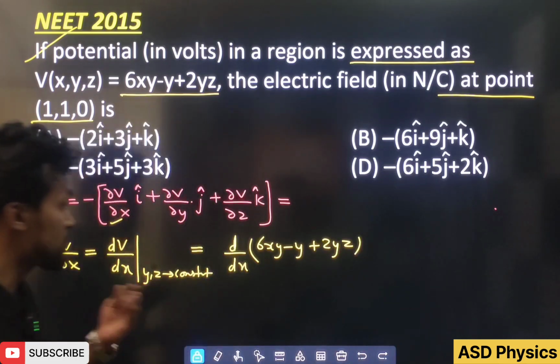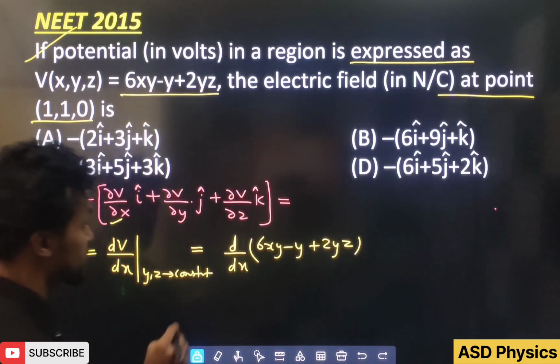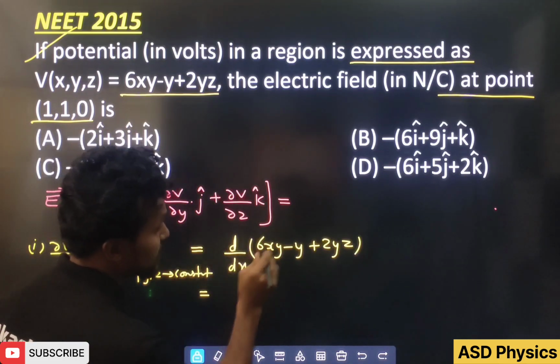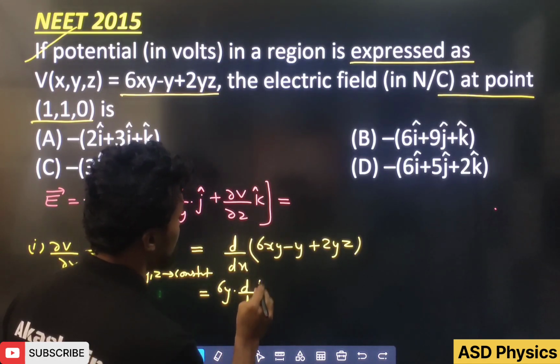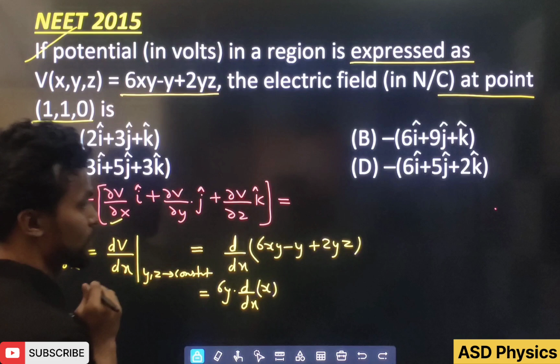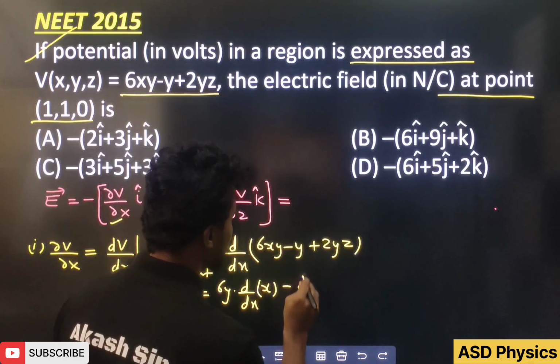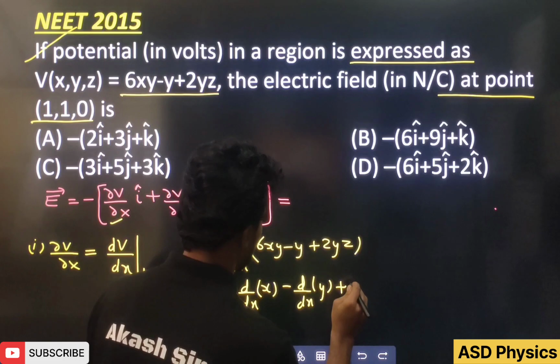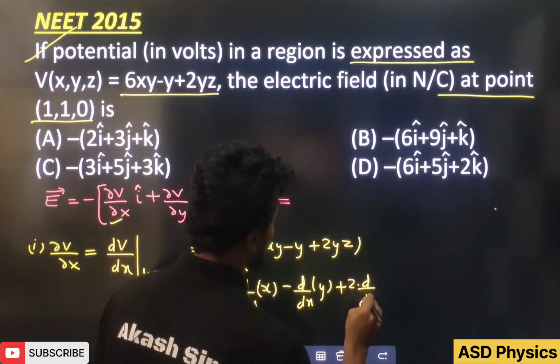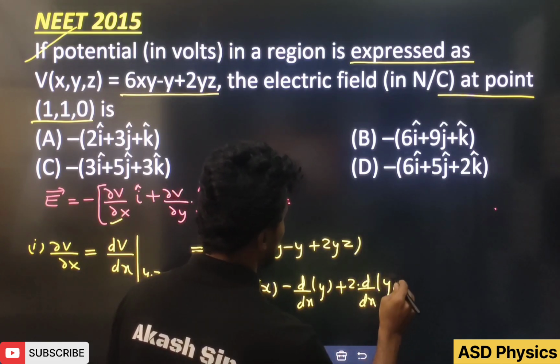Remember that y and z are constant. So as y is constant, we can write 6y times d by dx of x, minus d by dx of y, plus 2 into d by dx of yz.